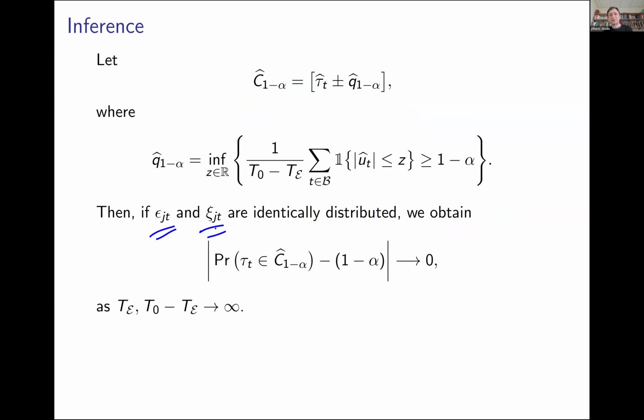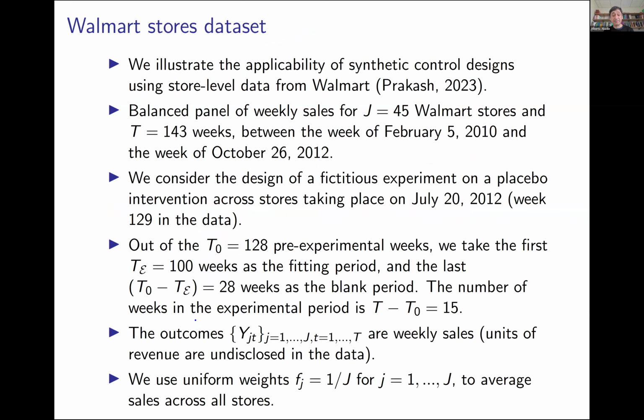In that case, you can use the distribution of the placebo effects in the blank periods to construct confidence intervals for the treatment effects. And you can see that these confidence intervals are valid as long as the number of fitting periods and the number of blank periods is large enough. This is something that we are going to do later in our simulations and in the empirical application that I'm going to discuss now.